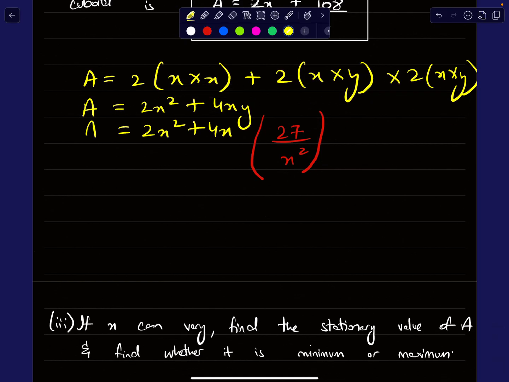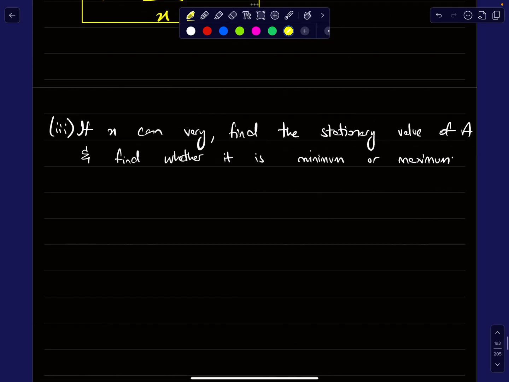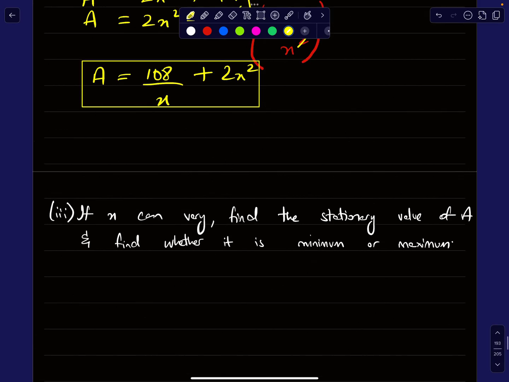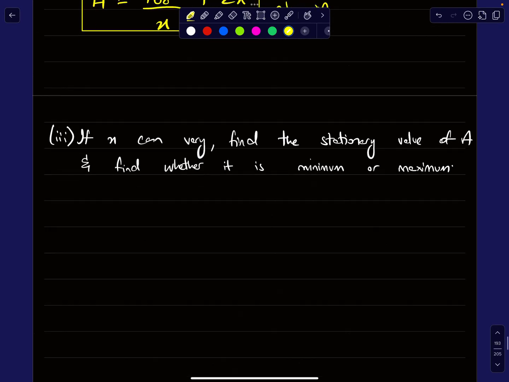Simplifying this further, this cancels out with this, and 4 into 27 is 108 over x plus 2x squared. So this is the surface area, and we show that as required.